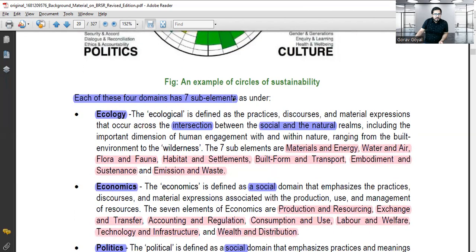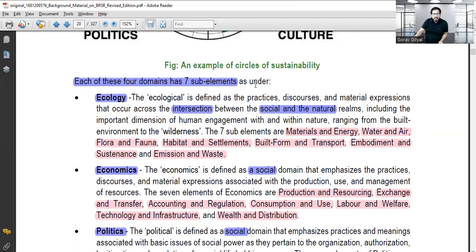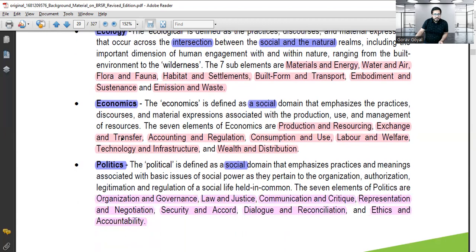Each of these four domains has sub-elements. These are seven sub-elements. In ecology, there is an intersection between the social and the nature. So you should not exploit your natural resources: materials and energy, water and air, flora and fauna, habitat, settlements, built form and transport, embodiment and waste emission.